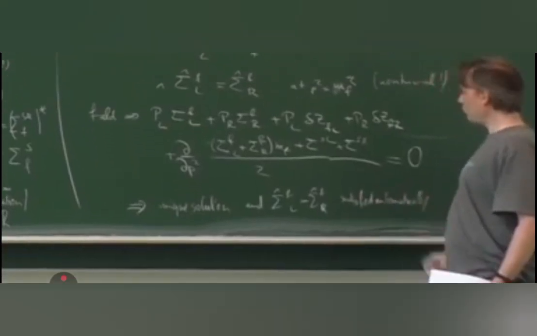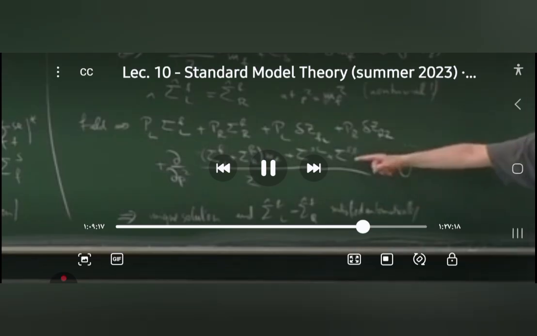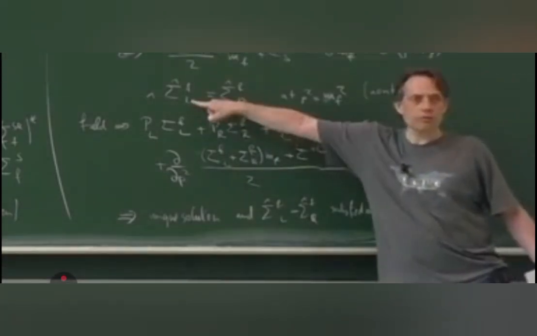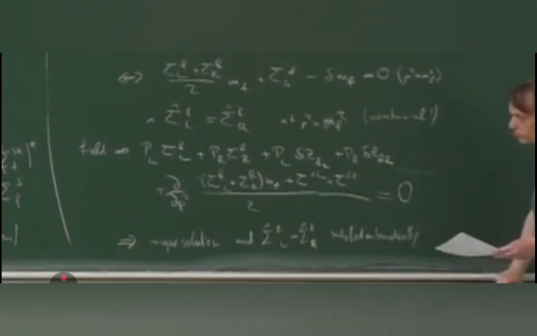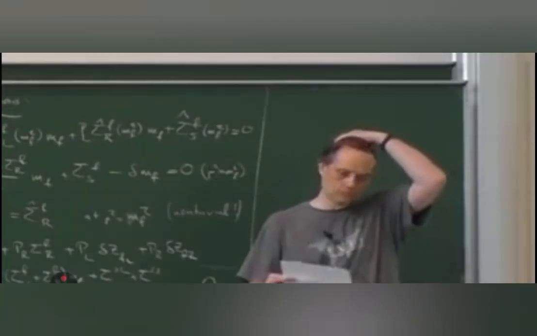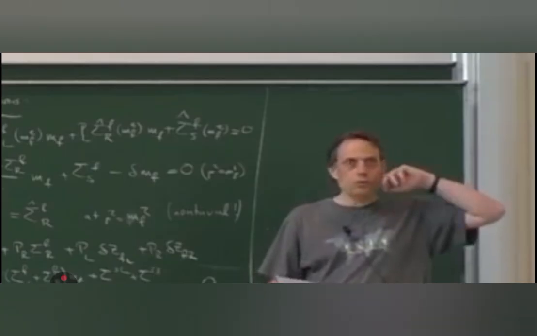So if you solve for the delta Z from the second equation, then you plug it into this equation for the renormalized left and right-handed self-energy, and you see that they become equal. So in this way, we have also dealt with the fermion sector. So, any questions to this?